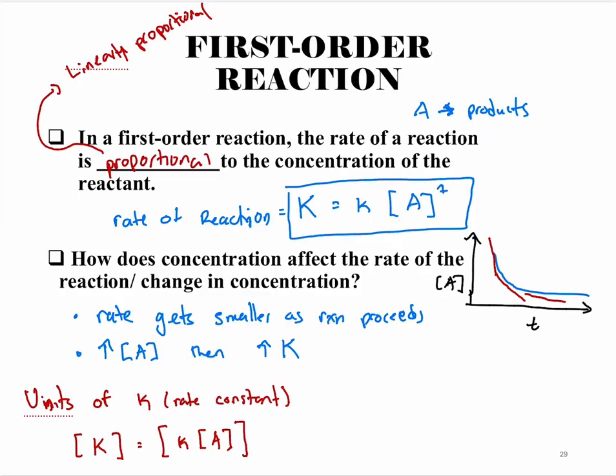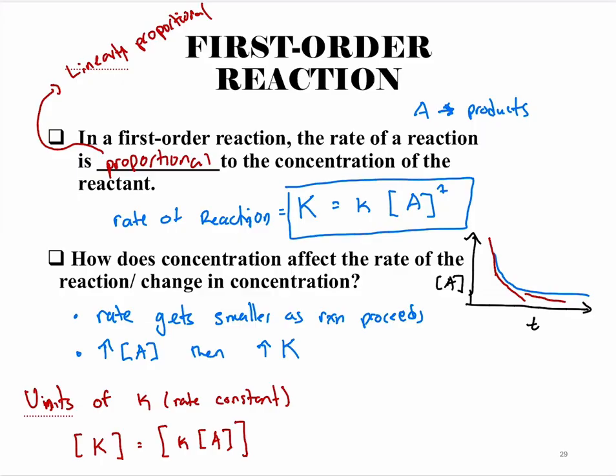Molarity per second, right? So that means we need everything on the right-hand side to equal units of molarity per second. So what are the units of A here? The concentration of A. Molarity, right? So we already have units of molarity accounted for here.